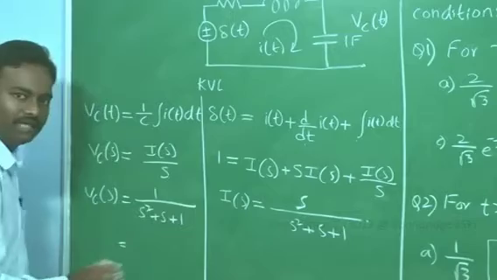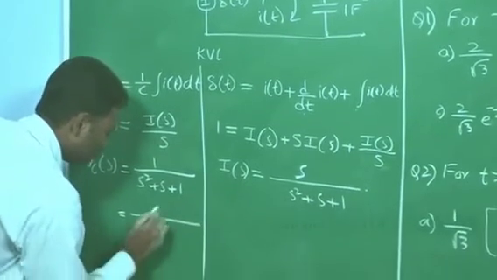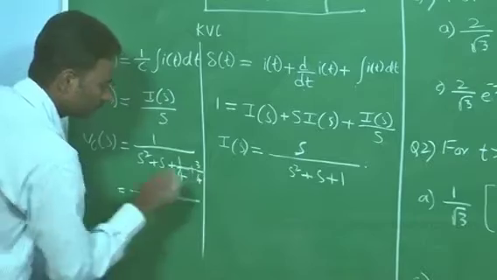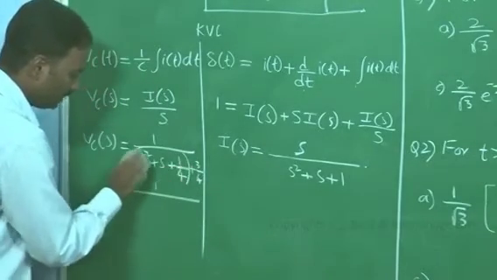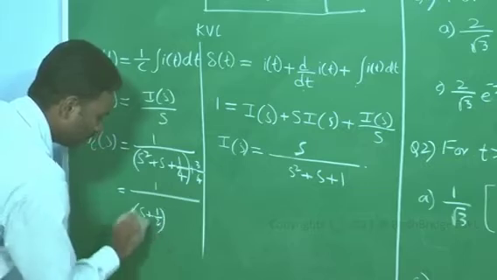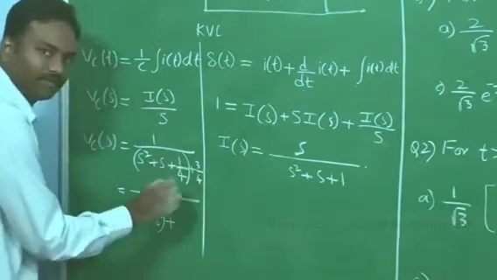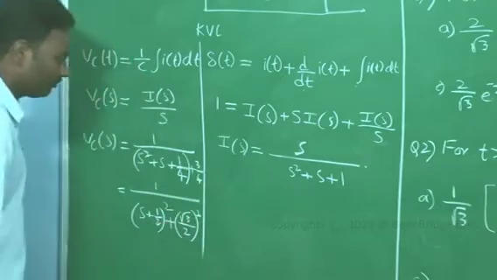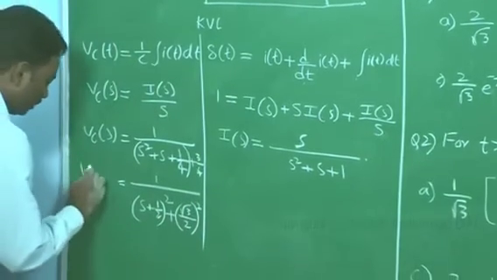Changing this into a convenient form, we can write s² + s + 1/4 + 3/4, which is (s + 1/2)² + (√3/2)². This is Vc(s).